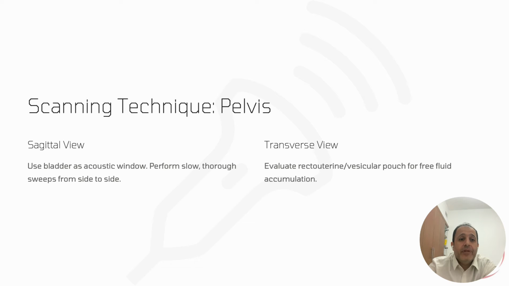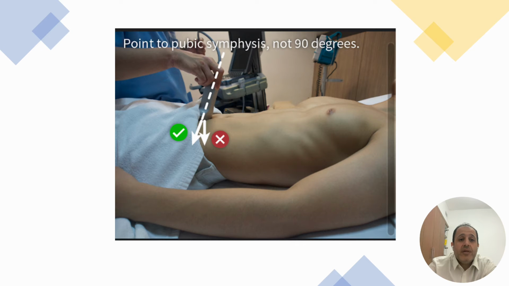Another component is the pelvis. The pelvis we should check in transverse, and also in sagittal view. Usually we start with the transverse view, pointing to the pubic symphysis. You should not keep the ultrasound probe at 90 degrees.